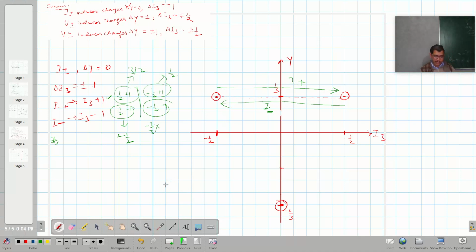And similarly, let me look at the other operations. What will u plus minus do? For u plus minus, delta y is plus minus 1, and delta I3 is equal to minus plus 1 by 2.